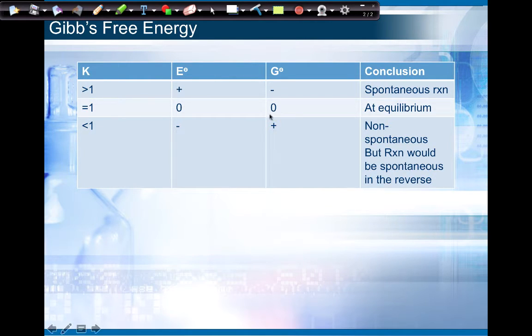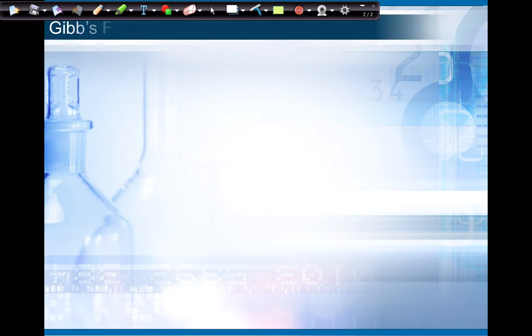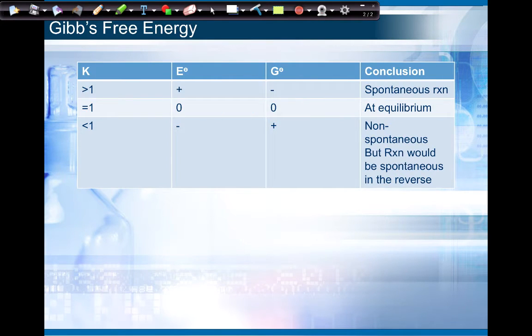And really what that means is that we're at equilibrium. So if E and G are equal to 0, then that means we're going to be at equilibrium. And if you look at the equation right here, well, if E is 0, we should get 0 for our delta G as well. So in that situation, we're going to be at equilibrium.